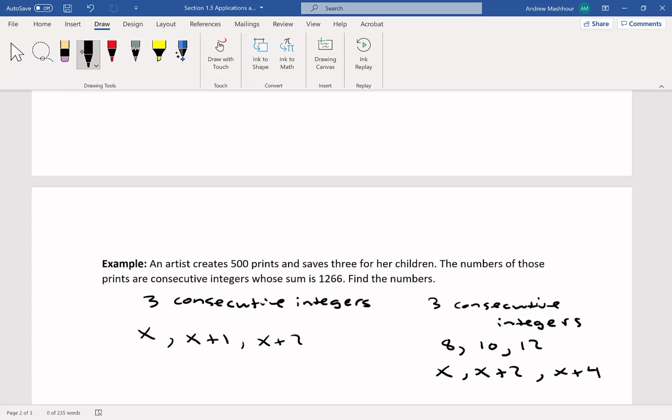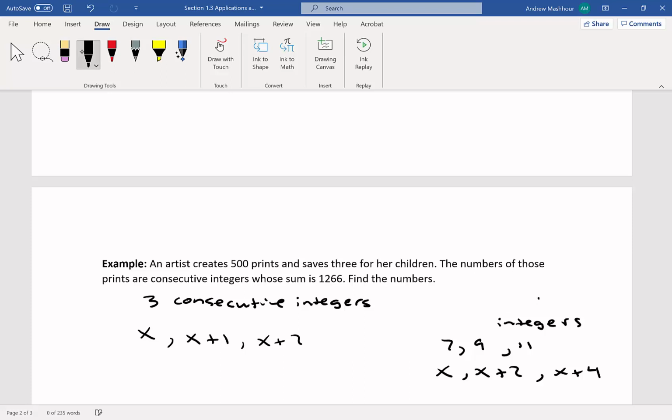Now if you had odd integers, say 7, 9, 11, your setup will still be the same. Your first integer would be x. Then to get to the next odd integer, you still add 2, so your second odd integer would be x plus 2, and the third odd integer would be x plus 4.